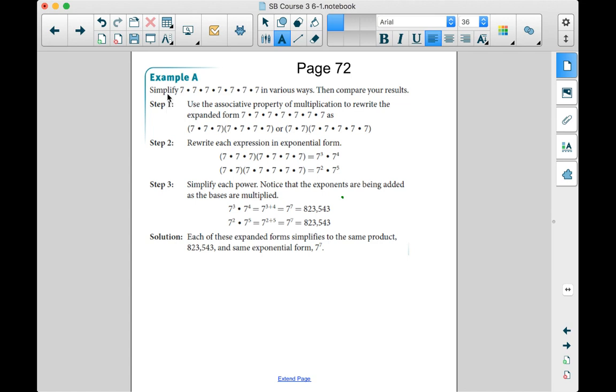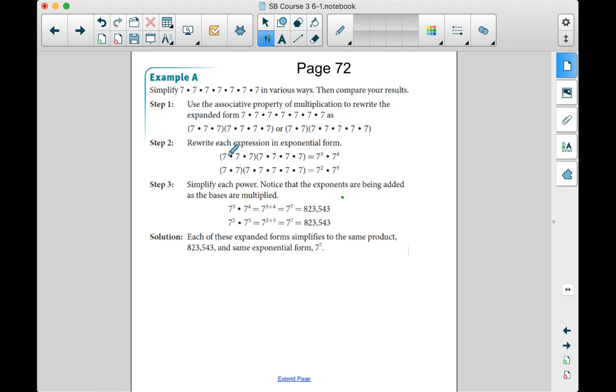So if I were to simplify this expression, I could group my 7's together. So here, they grouped 1, 2, 3 7's and then 1, 2, 3, 4 7's. Or you could group them using parentheses as 1, 2, and 1, 2, 3, 4, 5.